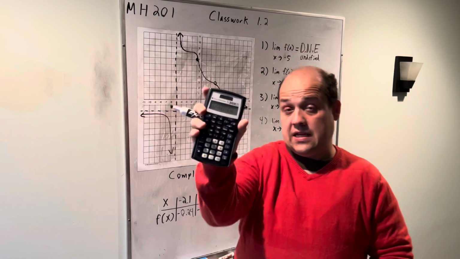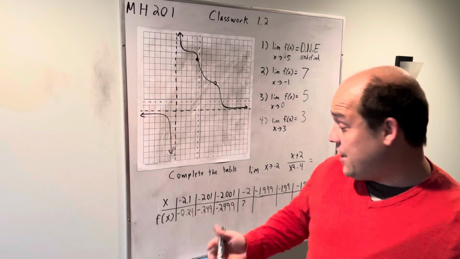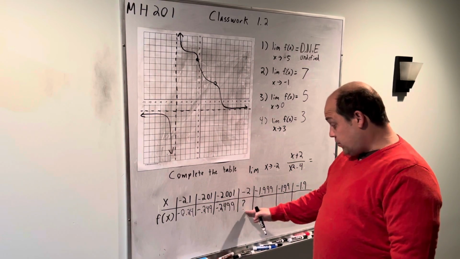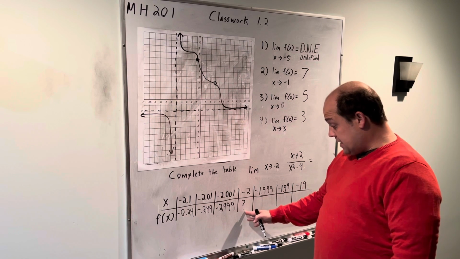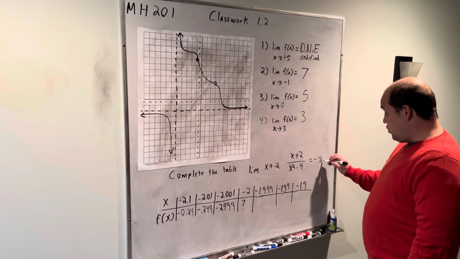Basically, you would see that it keeps getting closer and closer, but not actually hitting negative 0.25. That's what the limit's approaching. That's what the answer to this question is going to be. The limit equals negative 0.25.